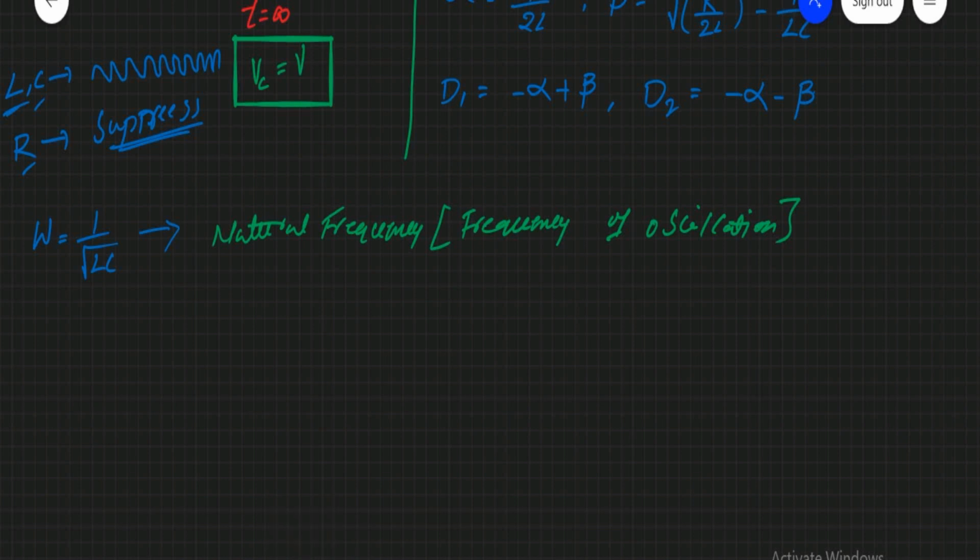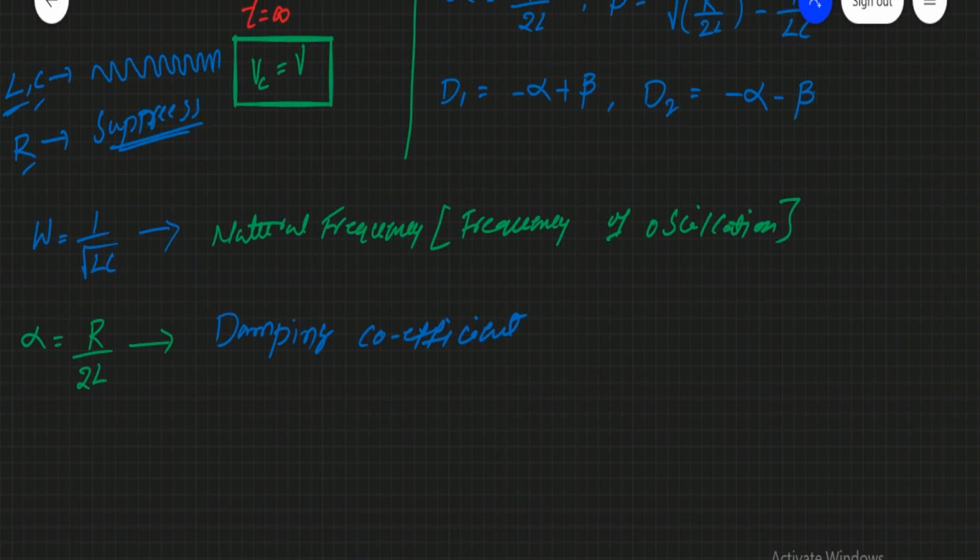And alpha is equal to R by 2L. R by 2L indicates the damping coefficient.